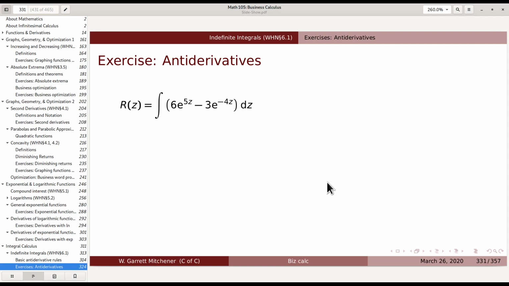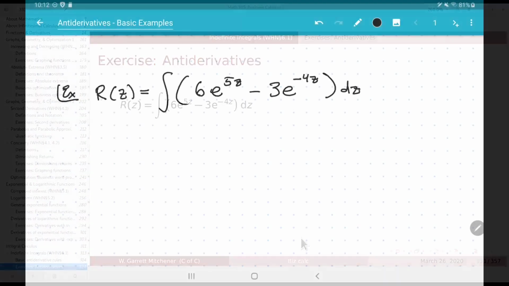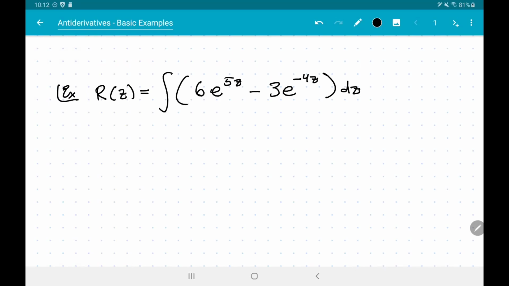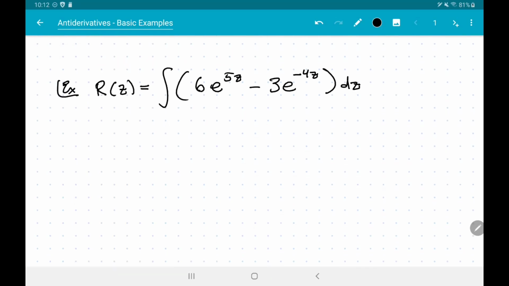And the dz here is because the independent variable for this function is z instead of x. Okay, so let's take a look at this.